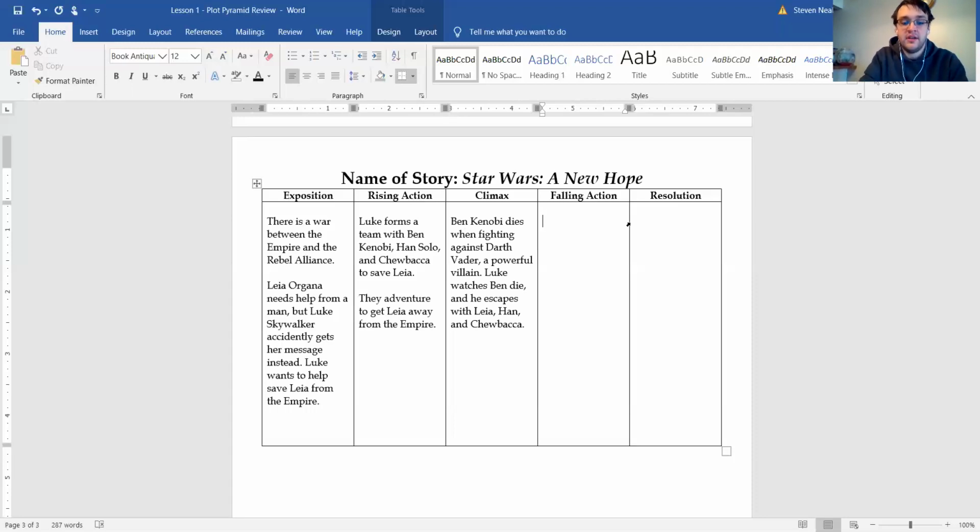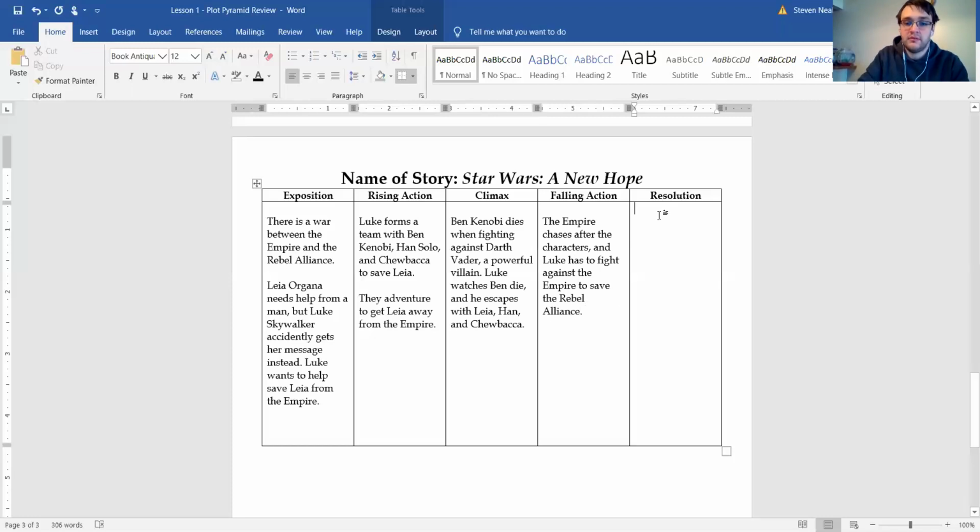In the falling action, the Empire chases after the characters, and Luke has to fight against the Empire to save the Alliance.